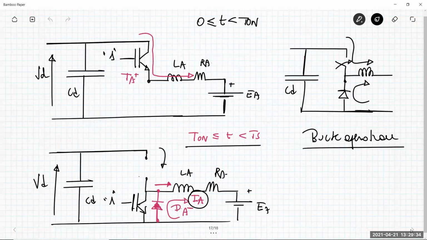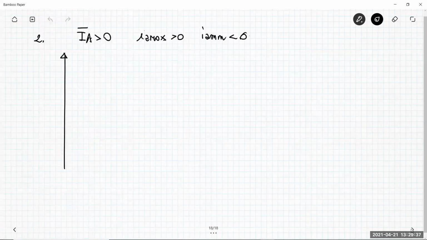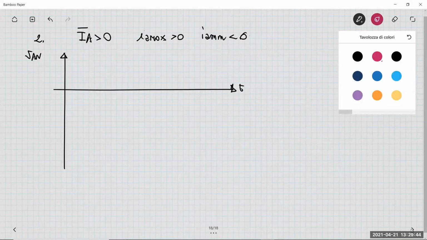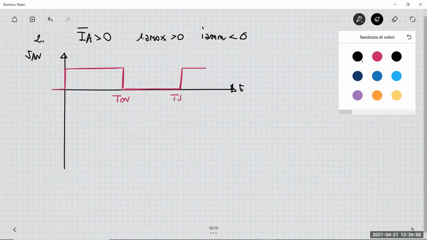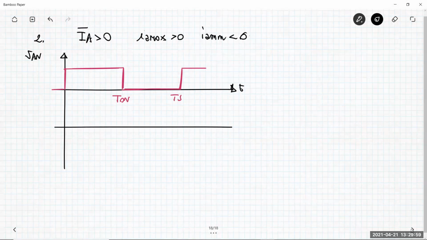Let me describe this second situation for the voltage VAN. Let me consider a generic rectangular waveform, for example this one, T on, TS. The current IA has an average value which is positive, for example it can be here.